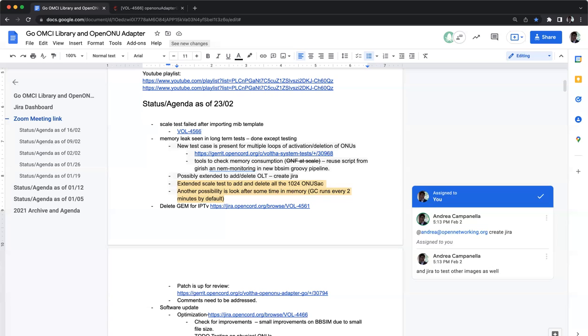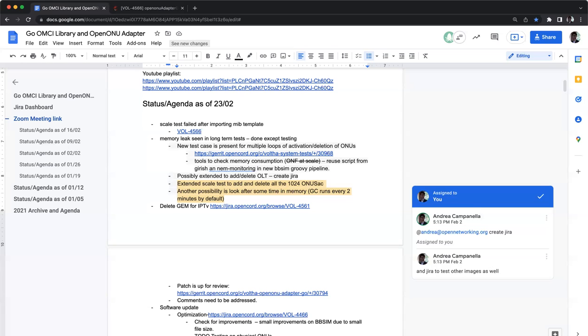The problem is that for this issue, I only have the ONU adapter log. No, wait, hold on. A couple of things. I do get what you're saying.